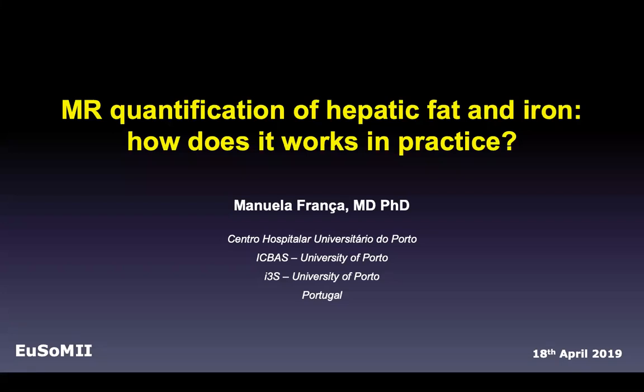So I do the acquisition in the protocol because it's very fast, and then if I see any abnormality, or if the clinician asks me to provide some measurements, or if I'm reporting the abdominal MR and I'm seeing signs of liver disease, well, I can easily quantify the PDFF and R2 star.